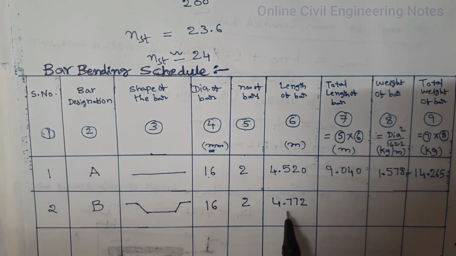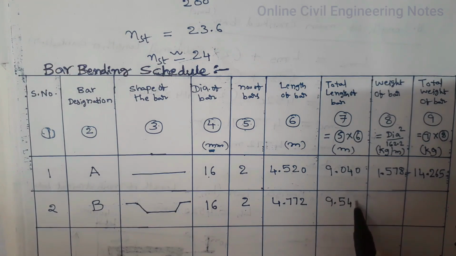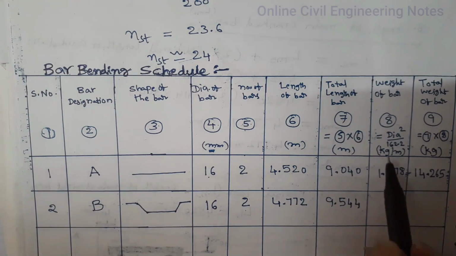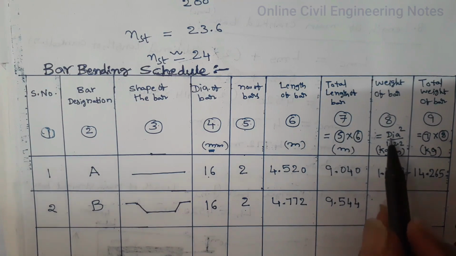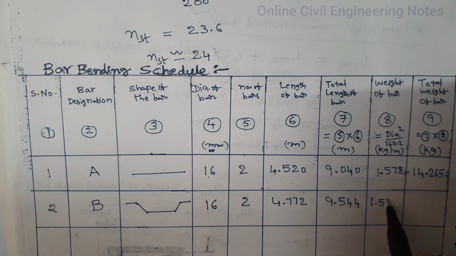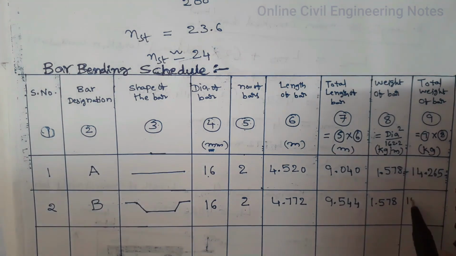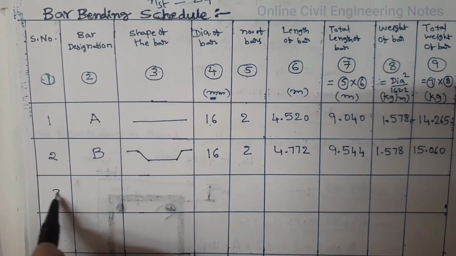Total length is equal to 2 into 4.772, 9.544 meters. Weight of the bar is 16 square by 162.2, 1.578. Total weight of the bar is equal to total length of the bar into weight of the bar, 15.060 kgs.